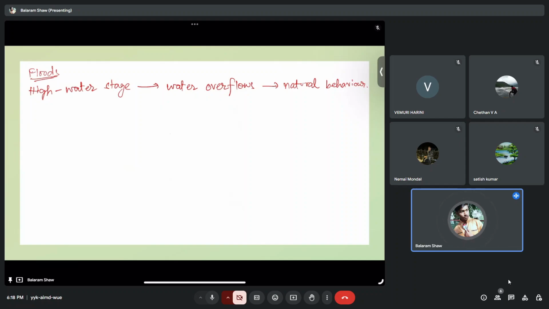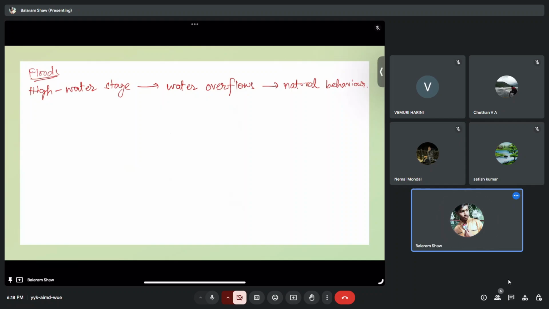This has affected a lot of people. As per some reports, around one third of the estimated 2 billion people affected by natural hazards are affected by floods. And India is one of the most severely flood affected countries in the world.